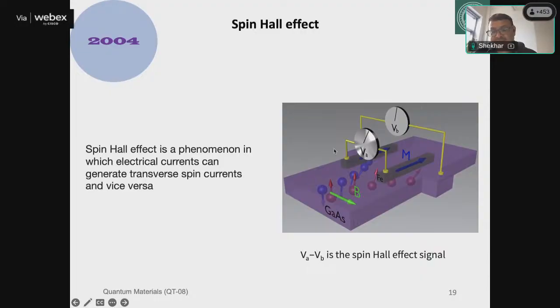Once we make such a device and put in the magnetic filter, or spin filter, and measure the voltage, same as the Hall voltage, then we see the effect of spin and how much voltage arises due to the effect of spin. That is called the spin Hall effect.